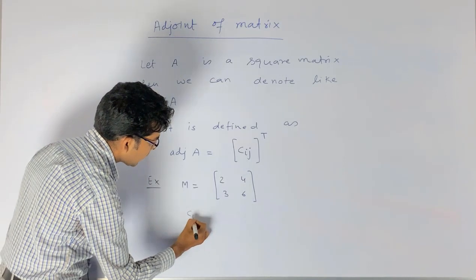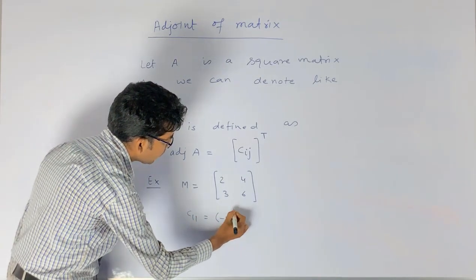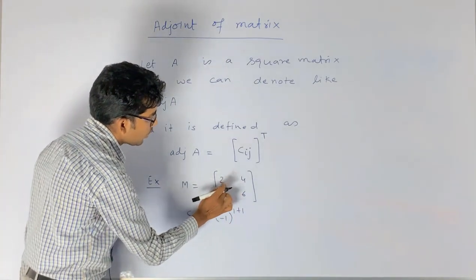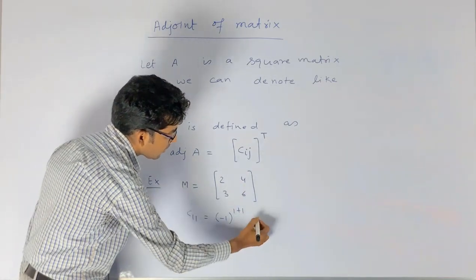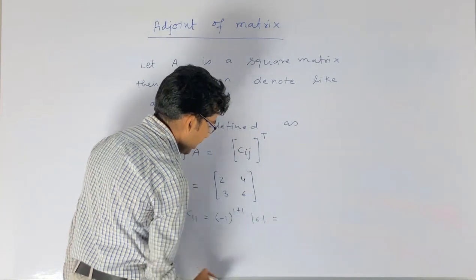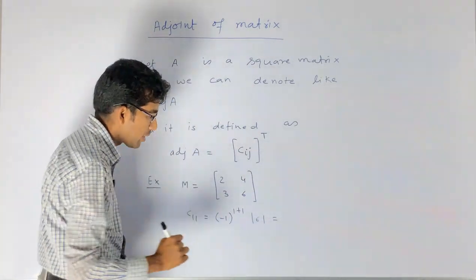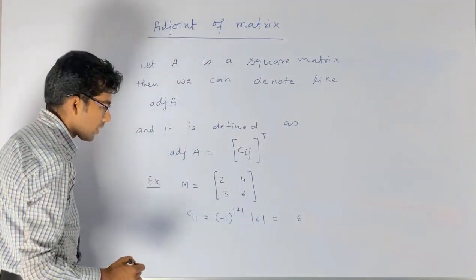So, C11 is equal to minus 1 to the power 1 plus 1, and deleting first row and first column, we remain with 6. So, minus 1 to the power 2, that is 1, and this is 6. So, the final answer is 6.